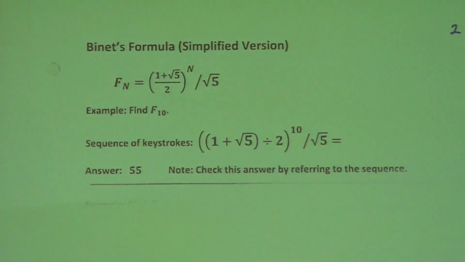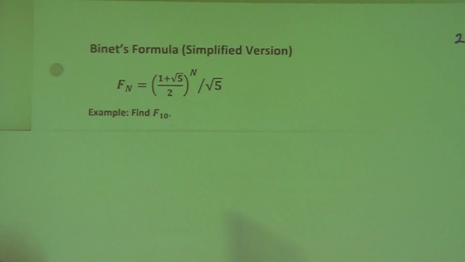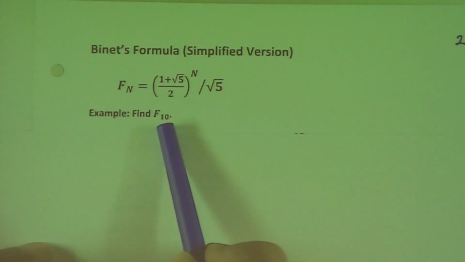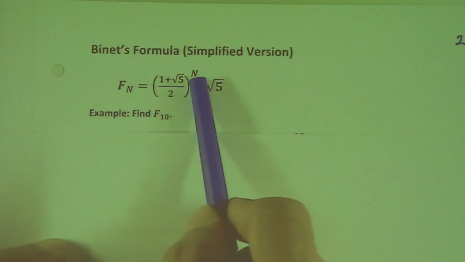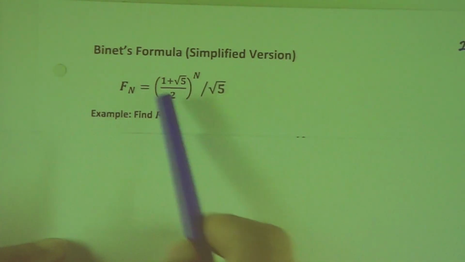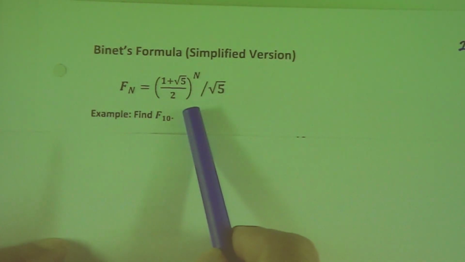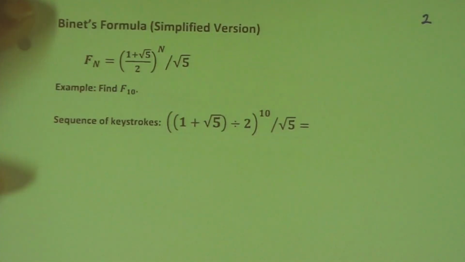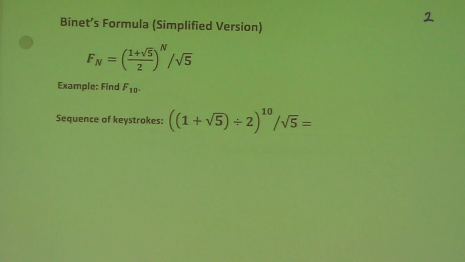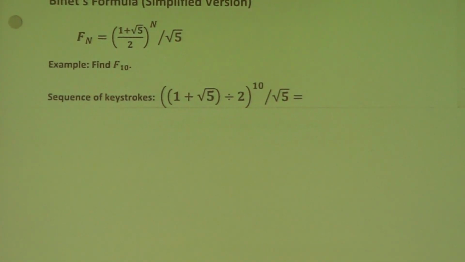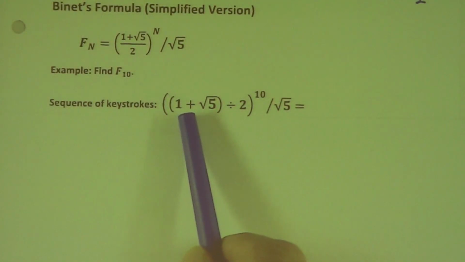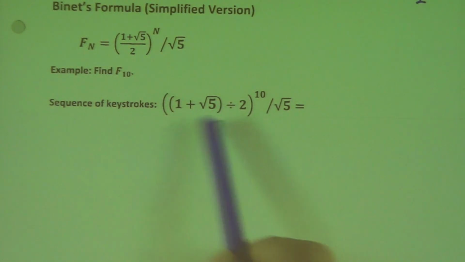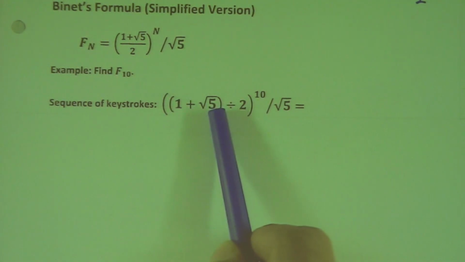So, for example, suppose we want to find the 10th Fibonacci number. Where you have n, you're going to put 10. Now you've got to be careful with parentheses here. So I've written it out for you. In the innermost parentheses, you have 1 plus the square root of 5.